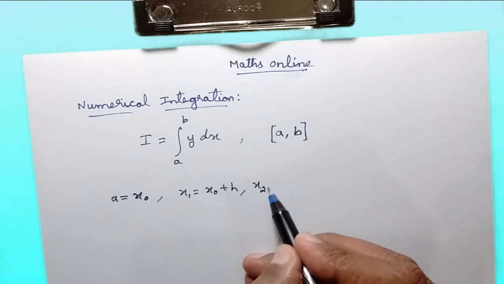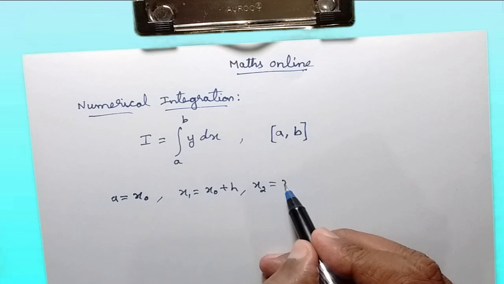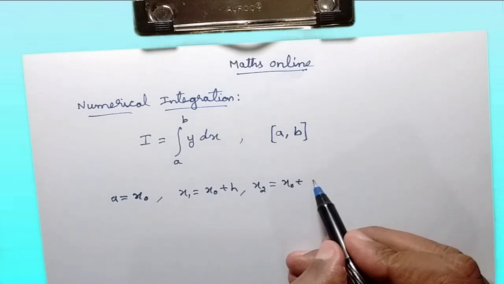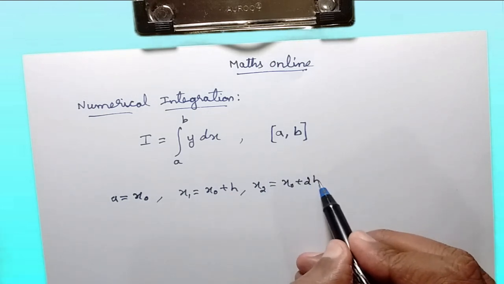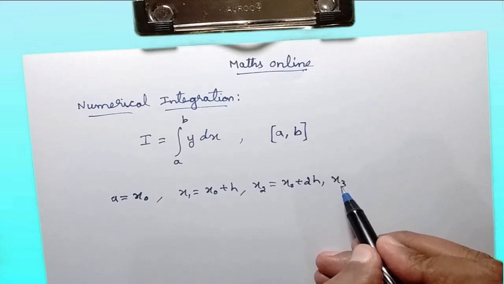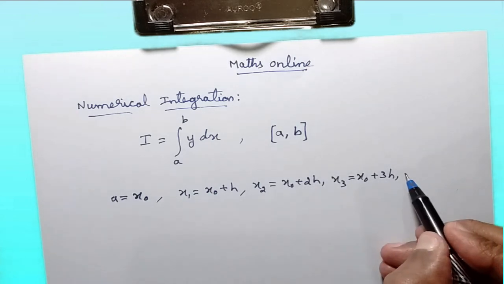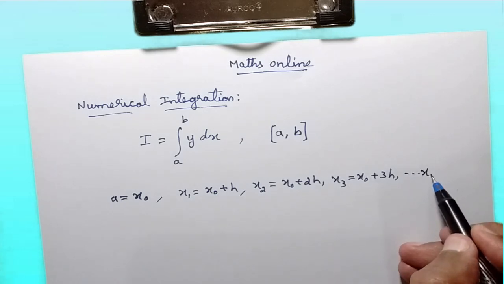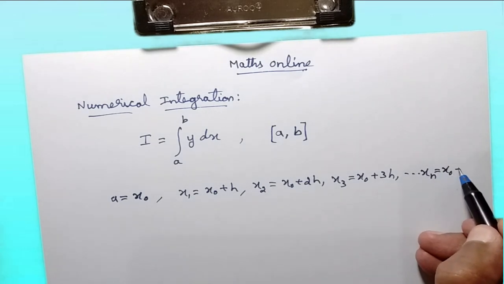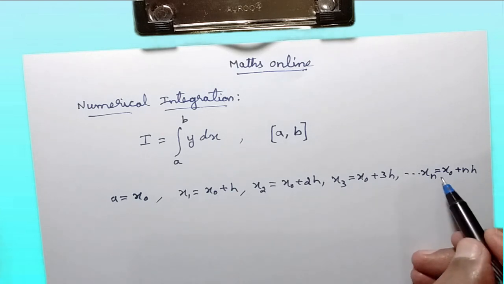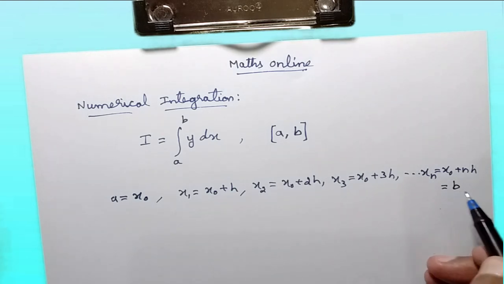Similarly, x2 will be x naught plus 2h. Similarly, x3 will be x naught plus 3h, and so on. You can write xn equal to x naught plus n times h, and this final value you can take as b.